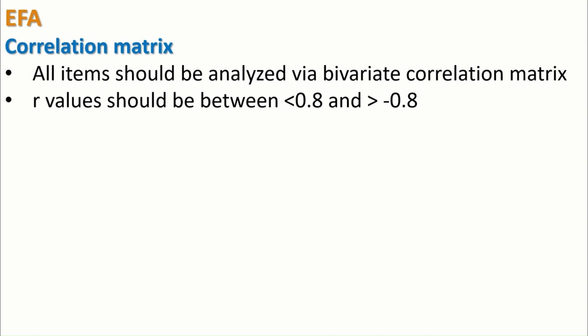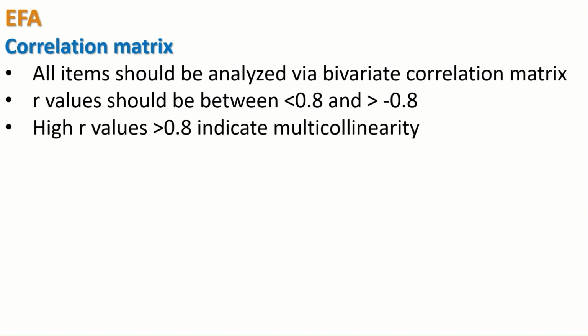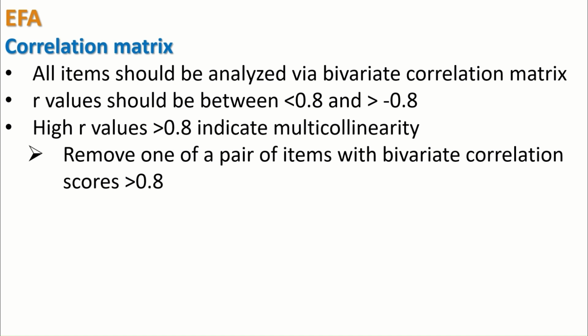The value for the correlation coefficient, which is R, should be less than 0.8 and greater than minus 0.8. Higher correlation coefficient values greater than 0.8 indicate multicollinearity. In this situation, the item or items have to be removed.